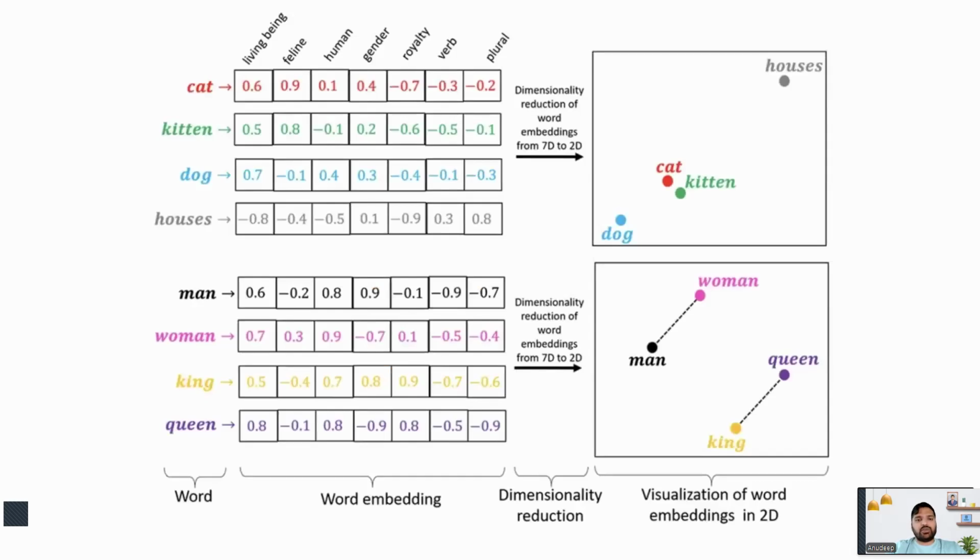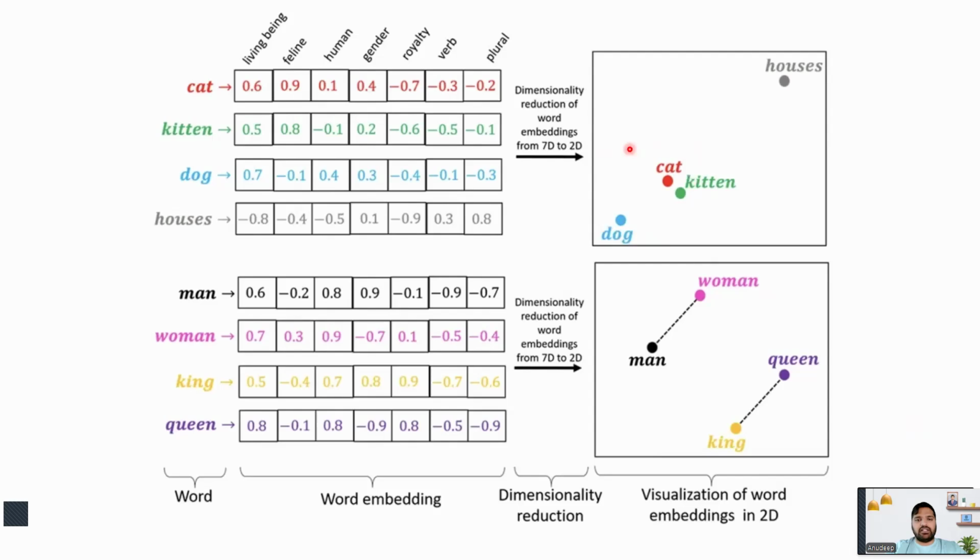And to help you understand how it looks when plotted, here are different indices. When you see cat, kitten, dog, houses, you see that cat, kitten, dog are nothing but animals. So they belong to a close vector space, as in they are marked close by, correct?